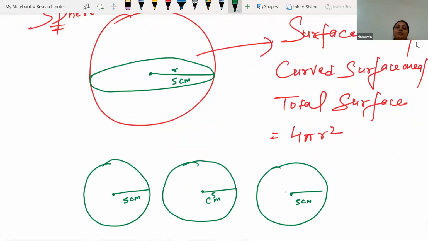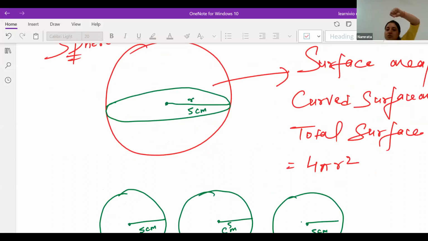Now, if you take, let's say, a thread, and you wrap the whole orange carefully, covering the whole orange with the help of the thread, just like this one.